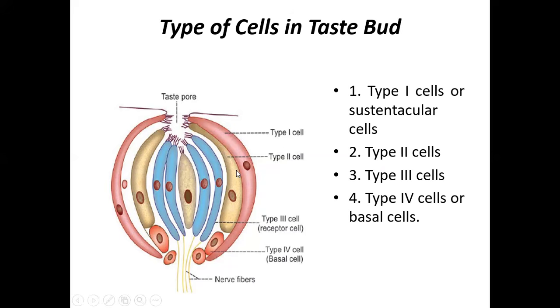After that, you're going to have what we call type 2 cells. As for now, their function has not yet been identified, so it's an area open for research that you as medical personnel can go and research. When you go to type 3 cells, these are the culprits.